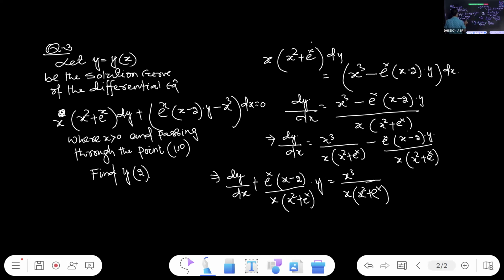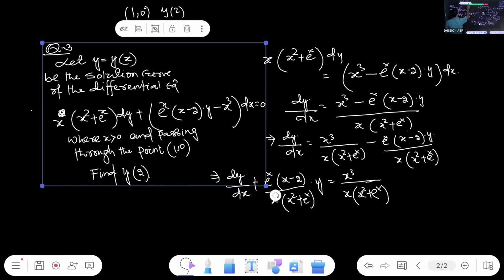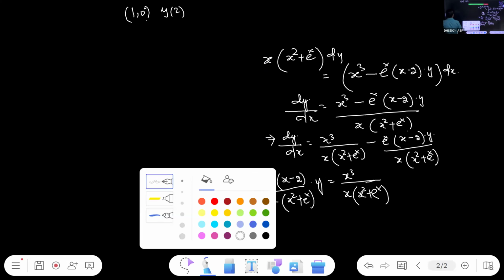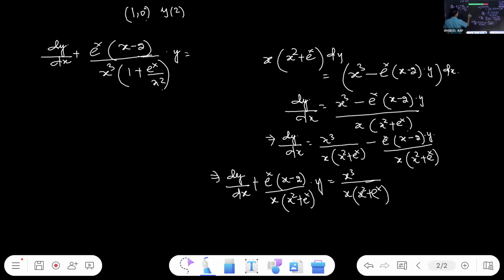Okay, let me solve. The curve is passing through the point (1, 0), and we have to find y of 2. So dy upon dx plus e raised to the power x into (x minus 2) upon, if you take x square as common, x cube plus 1 plus e raised to the power x upon x square, into y equals x square upon x square plus e raised to the power x.